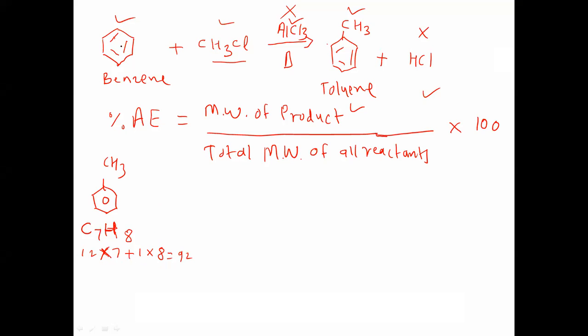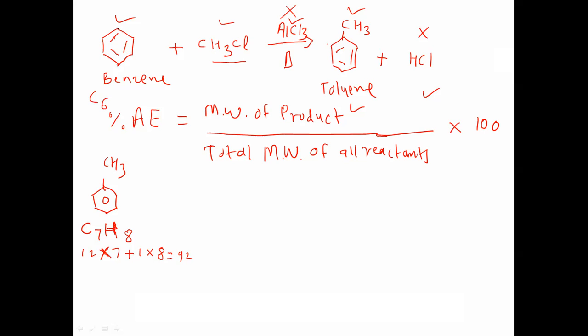Now let us calculate molecular weight of benzene and methyl chloride. If you look at the benzene molecule, you can easily guess 6 carbon, C6. And hydrogen we already know how to calculate. At every corner we have one hydrogen atom, because the valence used is 3 at every corner, so the fourth must be hydrogen.